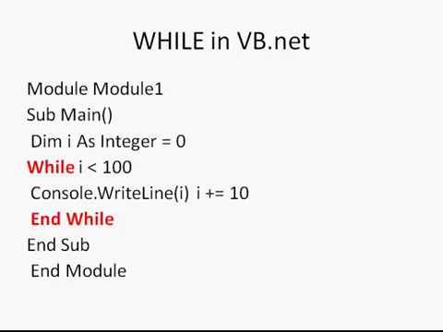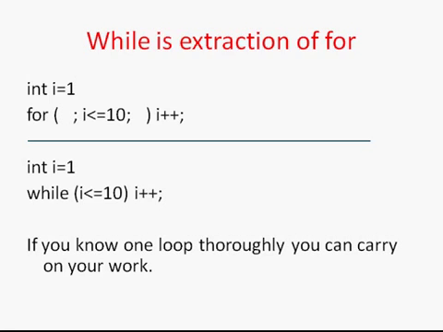So while is an extension of for. In fact, with only one loop you can do all programming. See, while is an extension of for. Now integer I is equal to 1. For the for loop, we don't put any initial condition here because we are putting the initial condition outside the for loop.